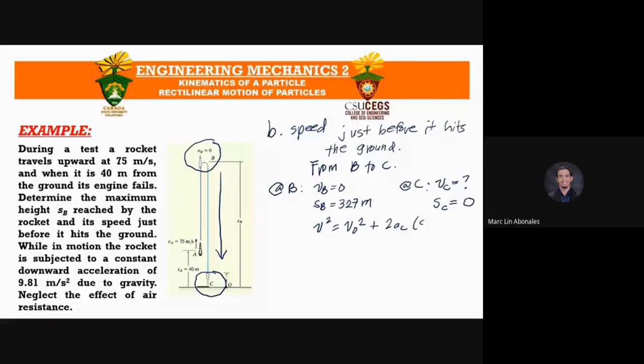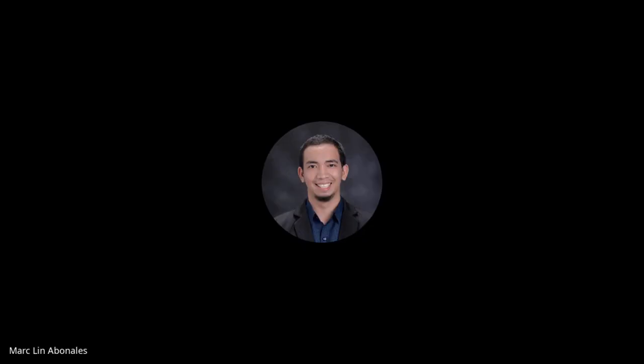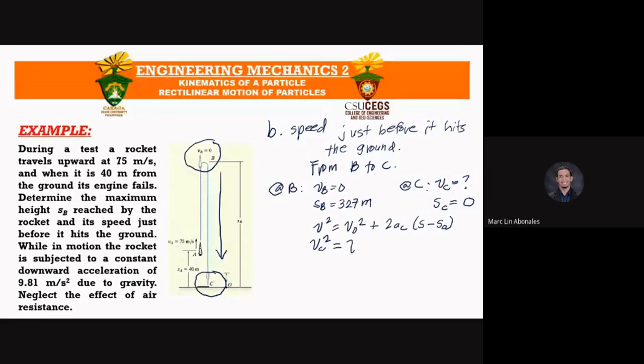So again, your initial point is point B, final point is point C. So you will rewrite this as VC squared, that is your final point. V0 is your VB, plus 2g, because your constant acceleration is still gravity.